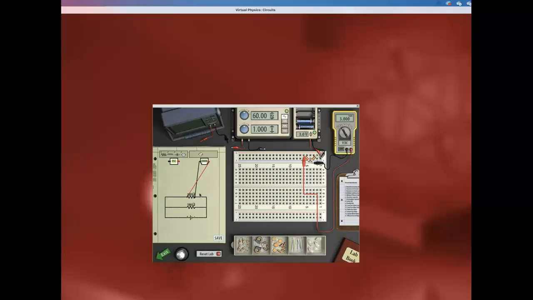Take a snip of the measurements for part A only. Then the first one in the series for the current, you're going to take the snip. The first one in the voltage, you're going to take the snip in series. The first one in the parallel, you are going to take the snip of measuring current. And finally, measuring the voltage in parallel, you are going to take the snip of the first measurement.